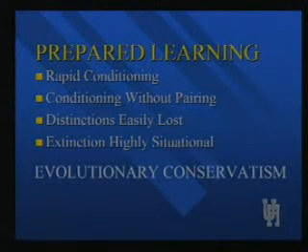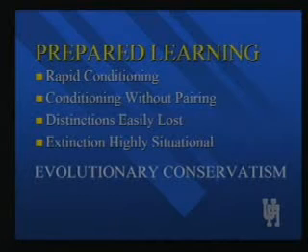And all of this, Meinecke talks about this as evolutionary conservatism. Evolution is making us err in the safe, conservative direction. It's from an evolutionary point of view good to learn to be afraid of dangerous things quickly.